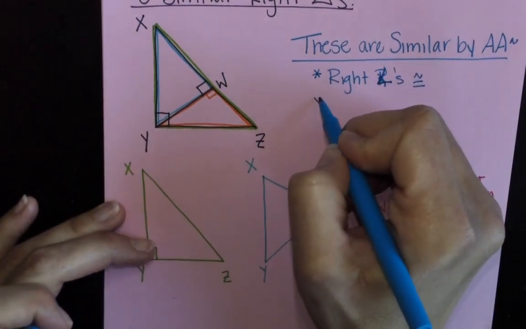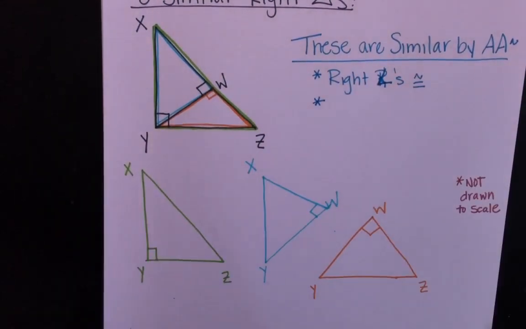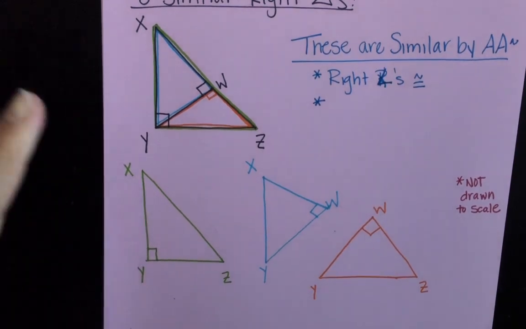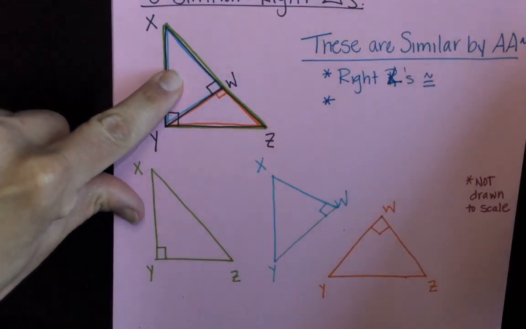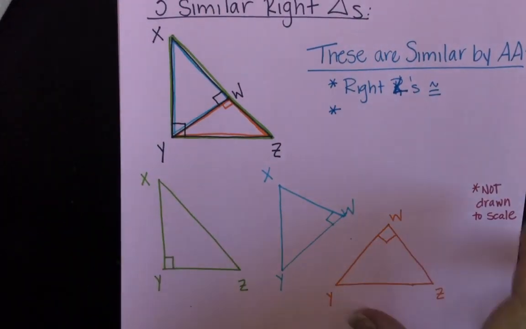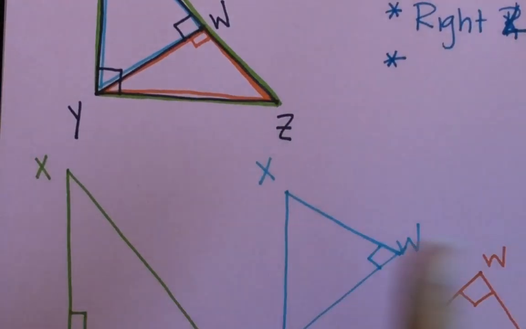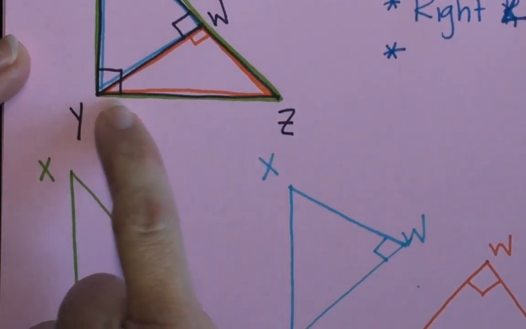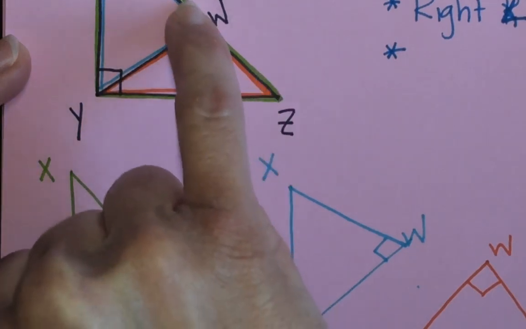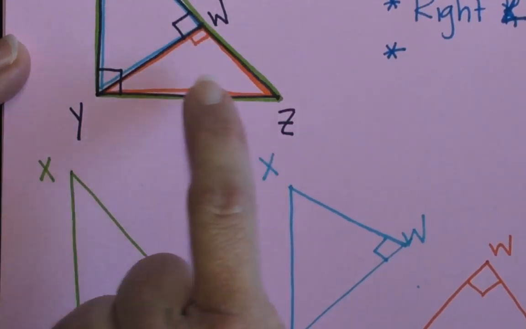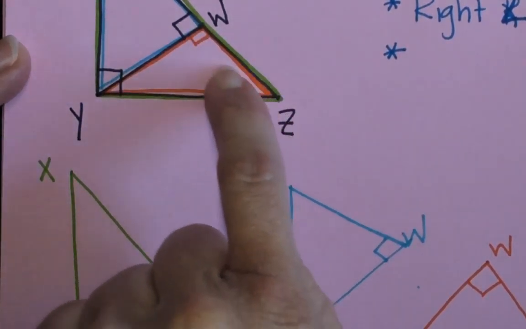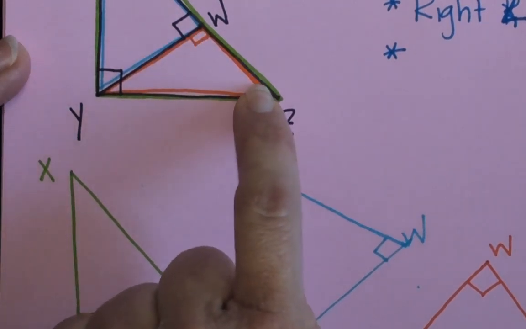But that's just one. We need two in order to do angle. So I want you to look really close, and I'm going to zoom in here for a second. You can see that right here at Z, Z's angle, this whole angle is part of the green triangle, but that whole angle is also a part of the orange.